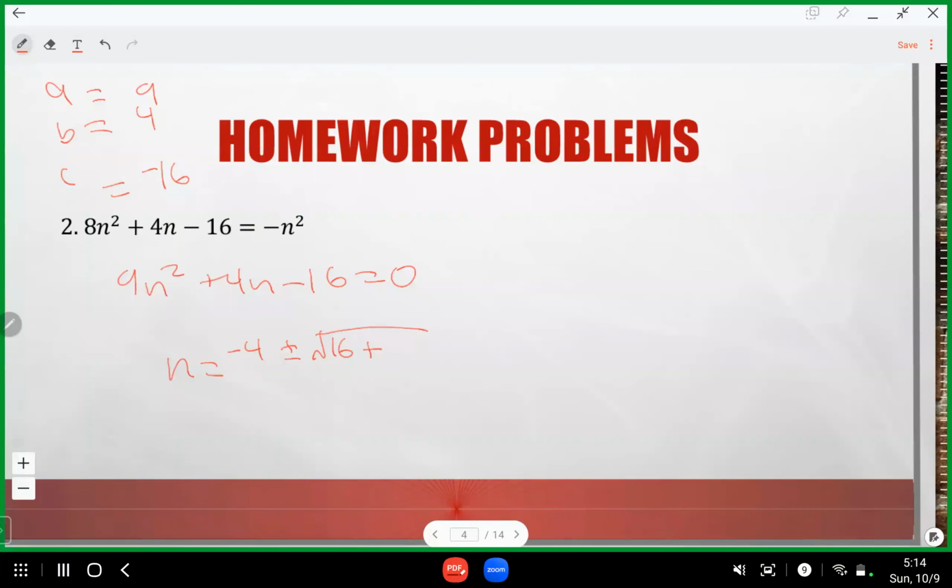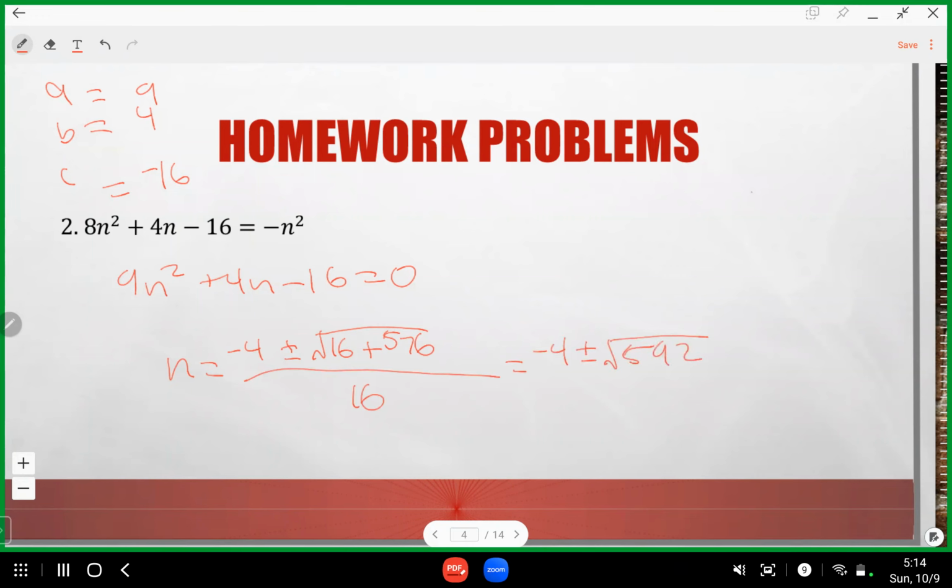So let's see here, 9 times 16 times 4 plus 16. Okay, so it's just this over 16. This is quite an ugly number. So it's going to be negative 4 plus minus the square root of 592.